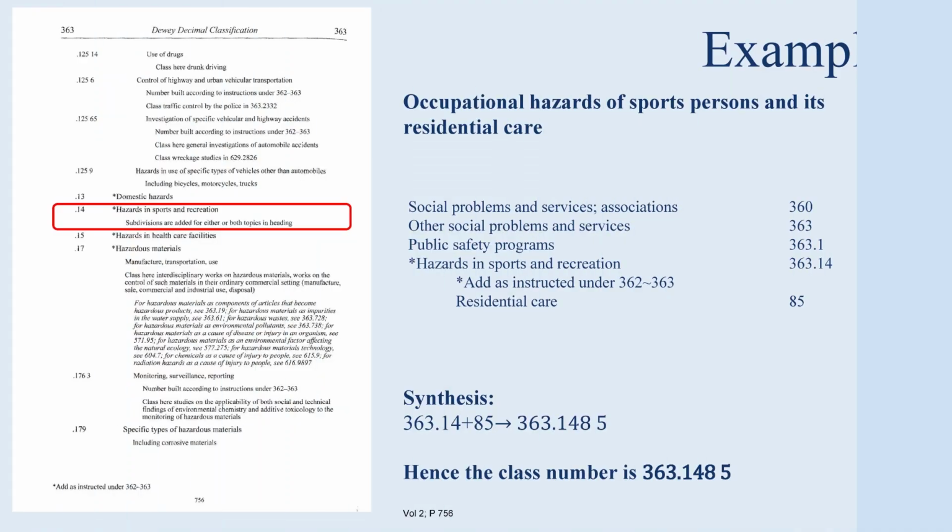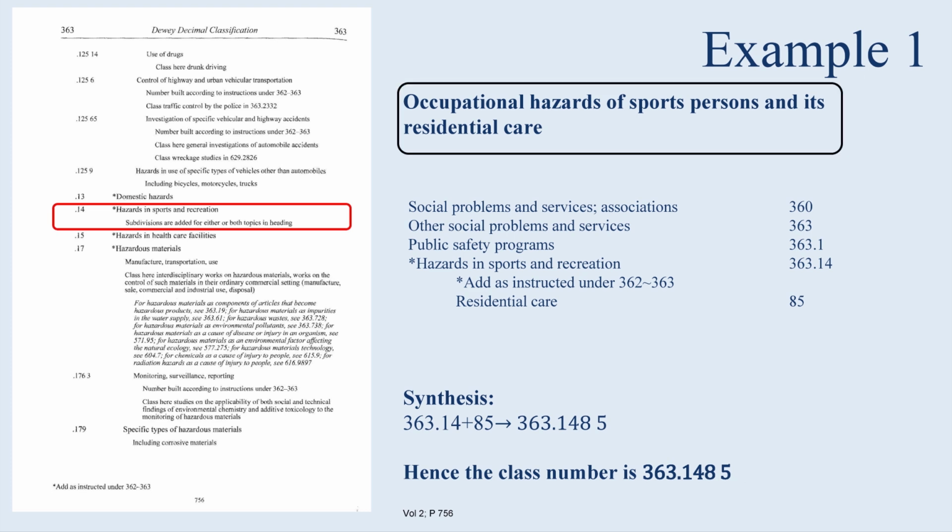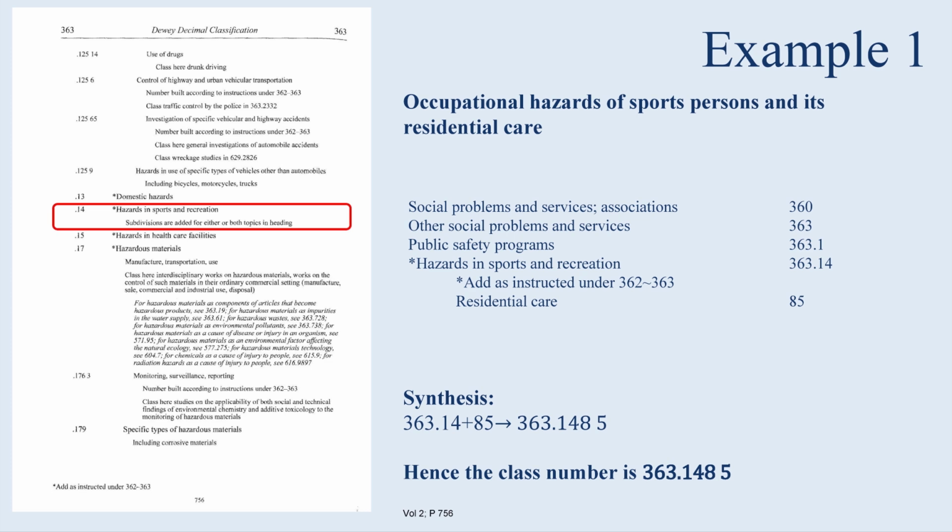Our first example is occupational hazards of sportspersons and their residential care. There are definitely some professional or occupational hazards with every profession or occupation, and the book is dealing with the occupational hazards of sports personalities as well as how to help them recover with residential care.